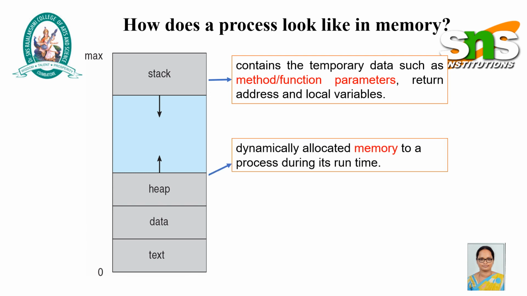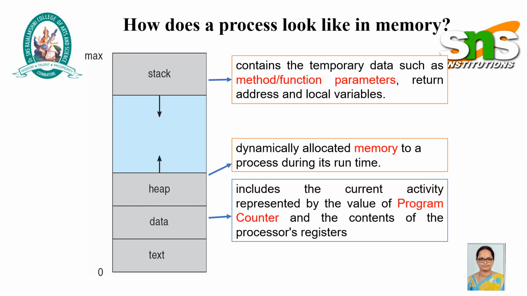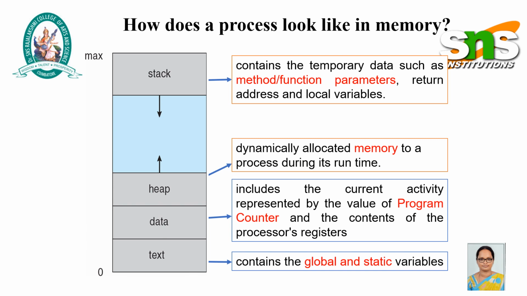Heap is memory dynamically allocated to a process during its runtime. Data is the current activity represented by the value of the program counter and the contents of the processor's registers. Text contains global and static variables.